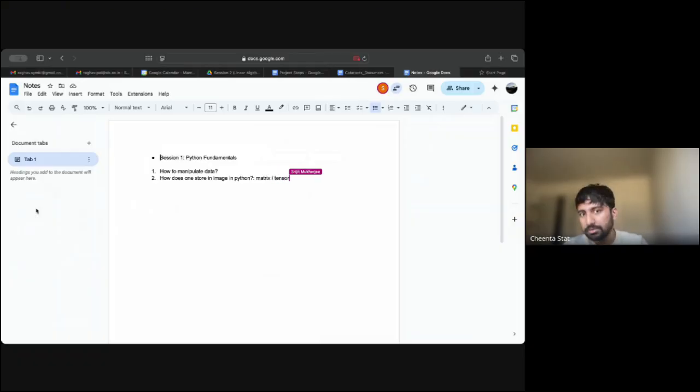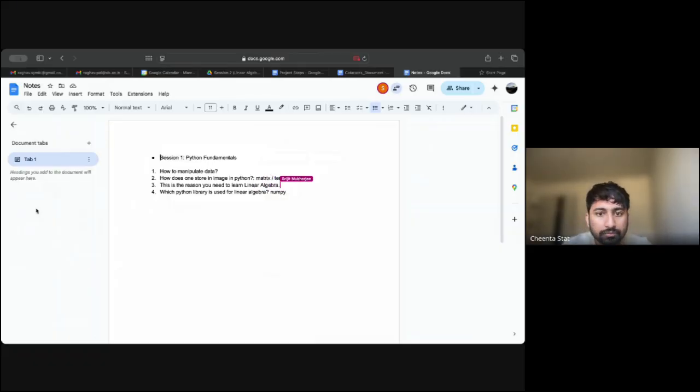Now why tensor is coming, I will come to that. So that's why you use NumPy. Now you see which Python library is used for matrix manipulation for linear algebra: NumPy. That is the reason you need to learn linear algebra.